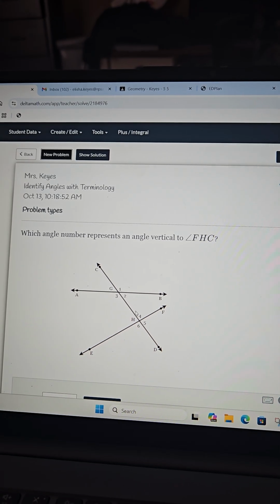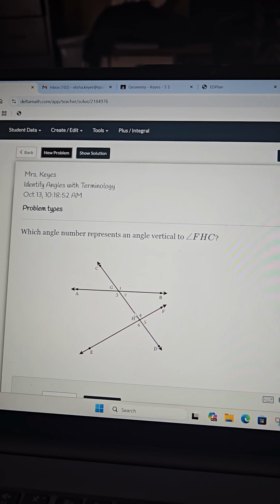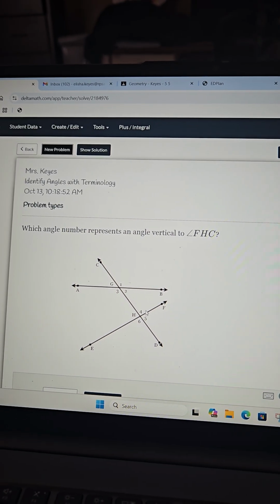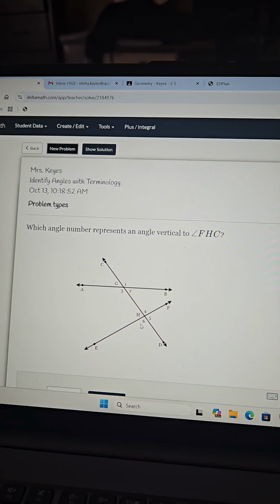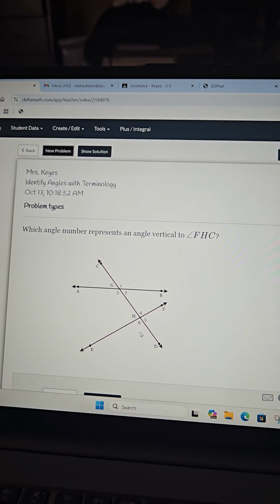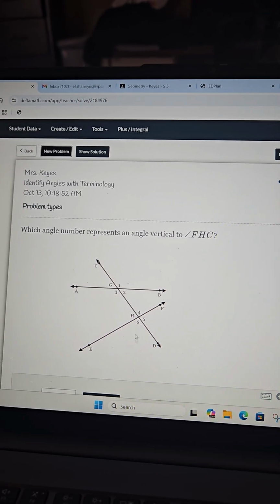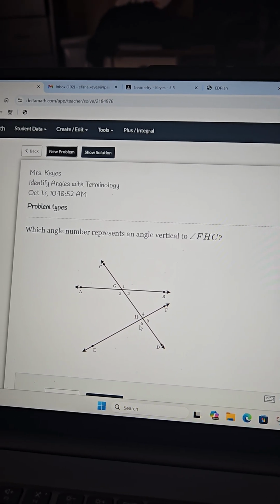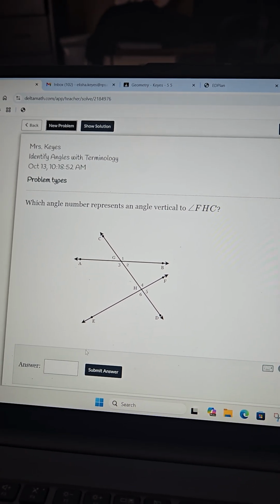So that's, again, this number 4 here. Vertical is when they crisscross, and it's the angle that is opposite, right? They don't share a side, so it's not adjacent. It is opposite, and they're the equal measure. So they should look relatively the same size, and they're opposite of each other. So for 4, the only vertical angle we have is 6.